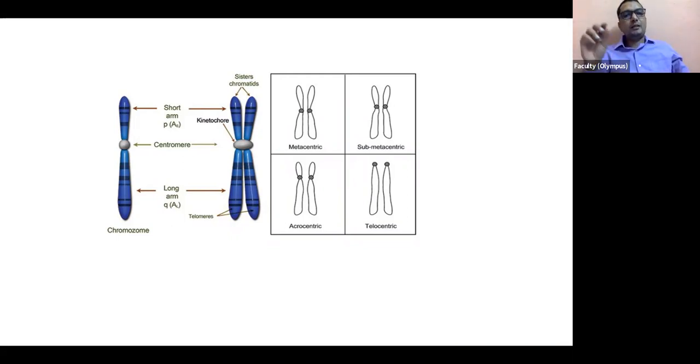Okay, so metacentric means centromere is in the middle. And submetacentric is a chromosome where centromere is away from the center.